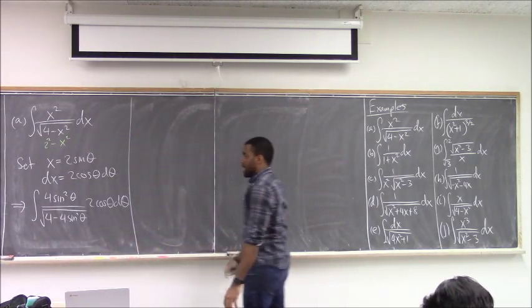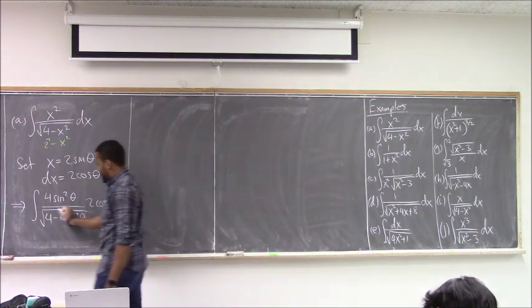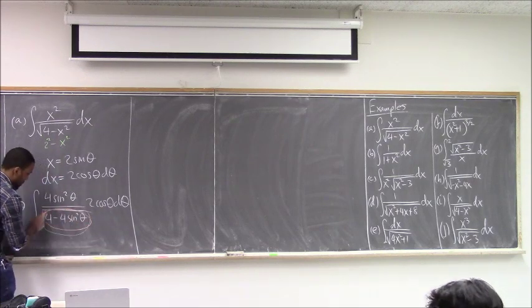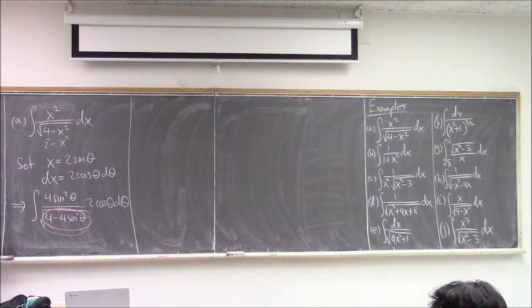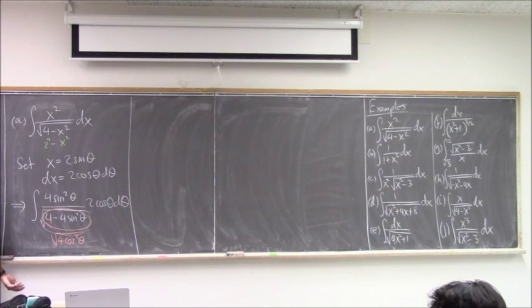At first this starts looking even scarier, but then you realize there's a trig identity here. I can collapse that into an a squared cosine squared. I can factor out the 4, I'd have 1 minus sine squared, which is cosine squared. So this reduces into the square root of 4 cosine squared, and I can take the radical of that, that's a single term.